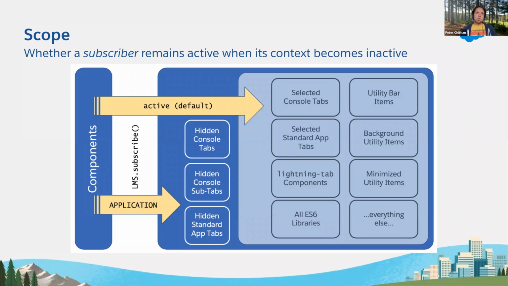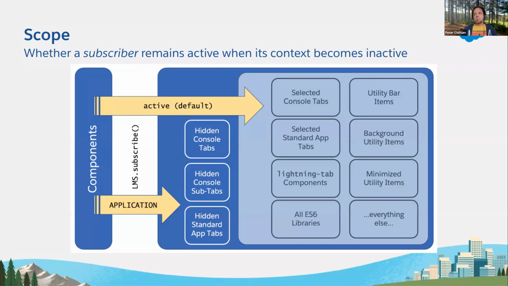Now, context works in conjunction with scope. And scope allows you to specify when you make a subscription whether that subscription will be active or application level.